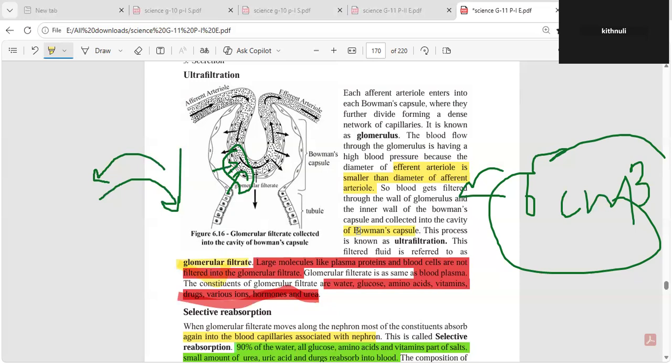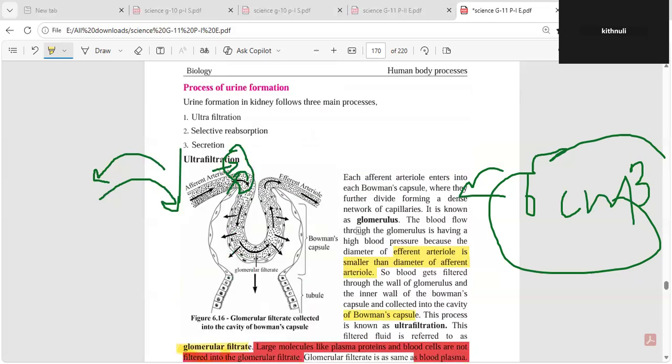What are the three steps of urine formation? And to the next one. Keep spaces in three lines. Right? Then the second question.